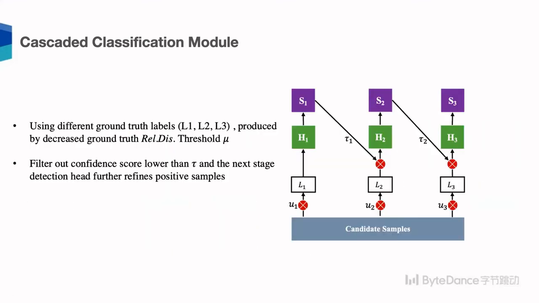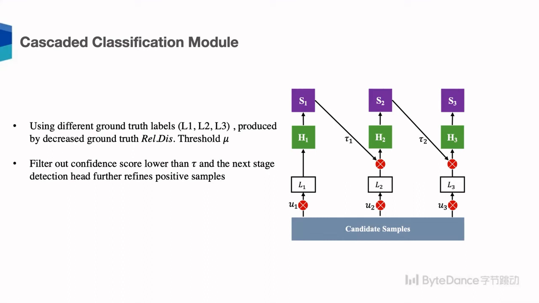To solve the problem, inspired by Cascade RCNN, we propose the cascaded architecture to gradually refine the classification results. The cascaded classifiers are trained sequentially, using the output from the previous stage. Specifically, given a sequence of classification heads H1, H2, and H3, we train these classifiers using different ground truth labels.